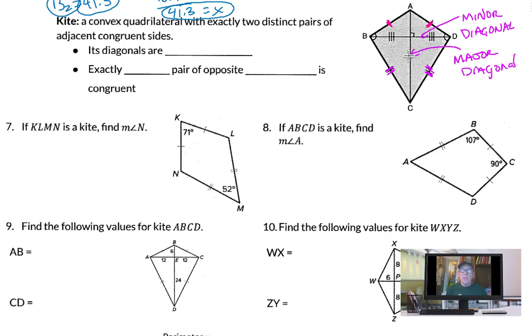So, lots of properties about kites, and also more stuff. Okay, vertex angle. The angle at the top of the kite is the vertex angle.